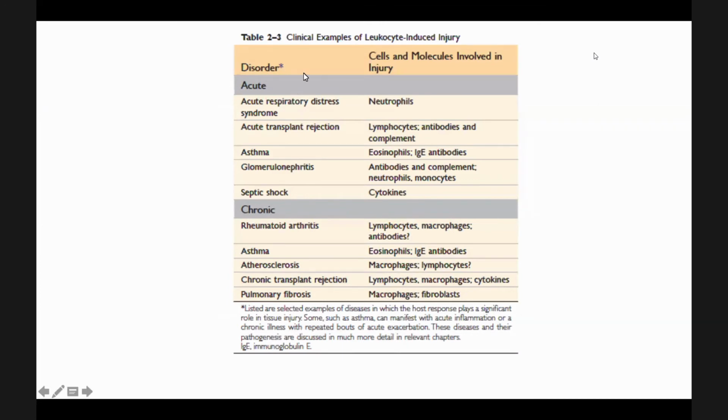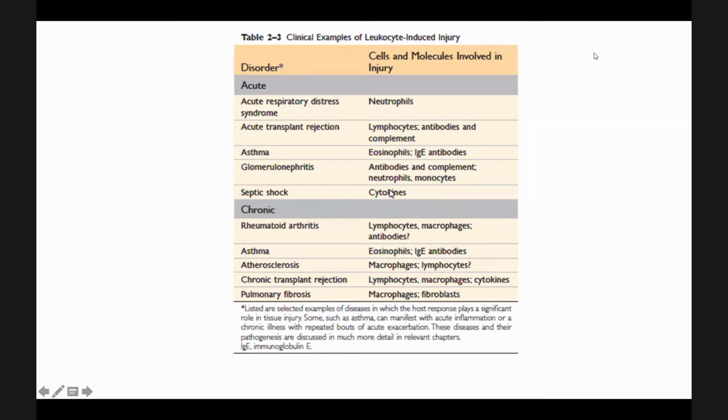So you see there are some disorders like acute respiratory distress syndrome, which is mediated by neutrophils. Acute transplant rejection occurs because of lymphocytes, antibodies, and complement. Asthma is because of eosinophils and IgE antibodies. Glomerulonephritis is mediated by antibodies and complement, neutrophils and monocytes.